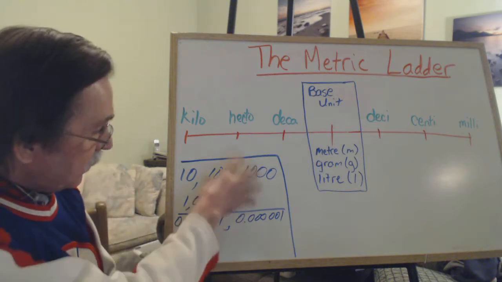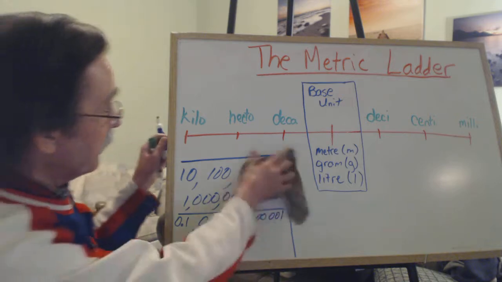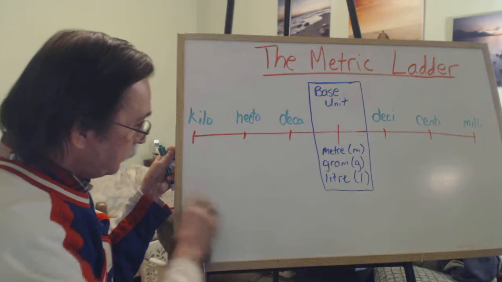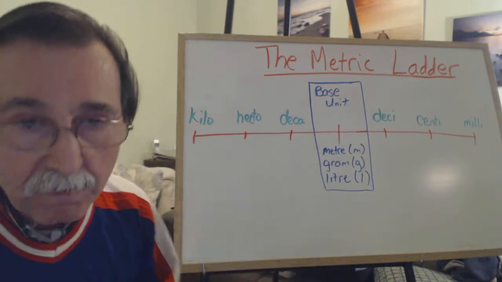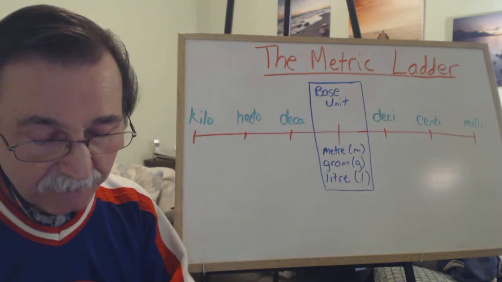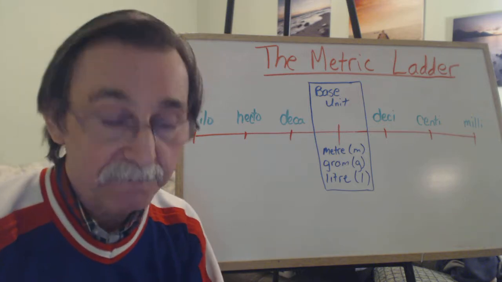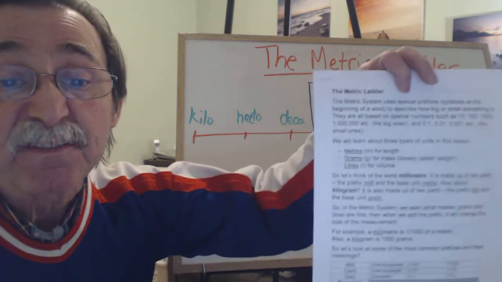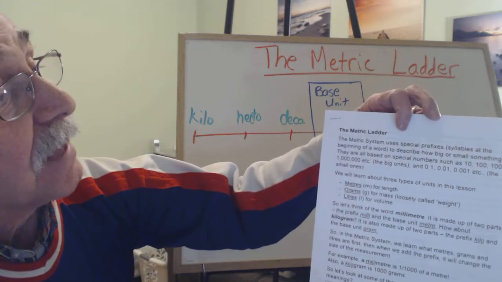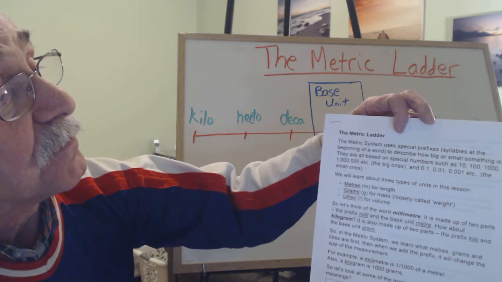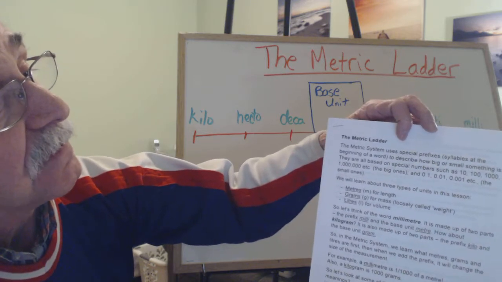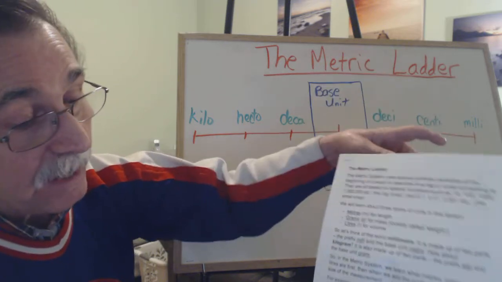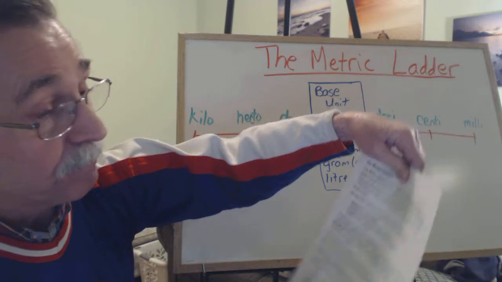And there are a couple of handouts that actually match this lesson. One of them is the one that starts off the metric ladder, and it says the metric system uses special prefixes, syllables at the beginning of a word. Okay, so there's that handout with the chart down on the bottom.